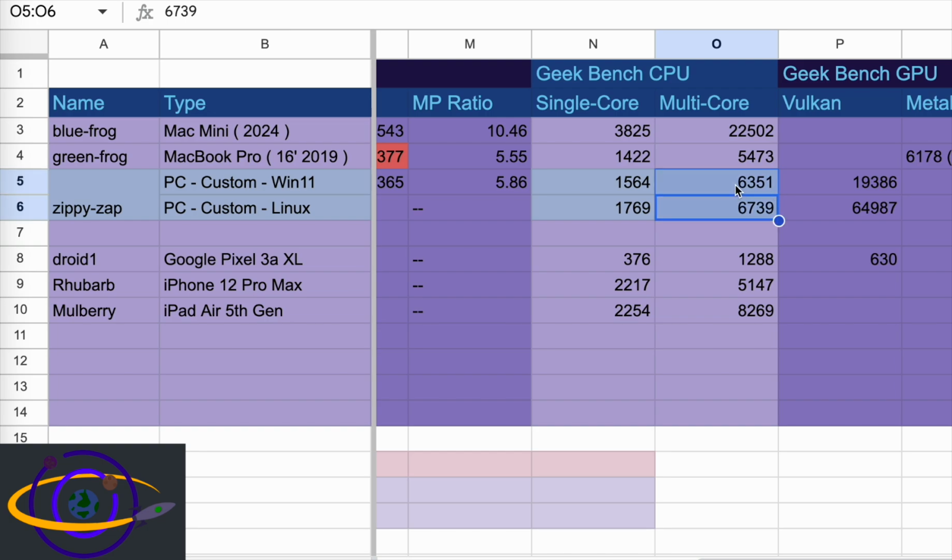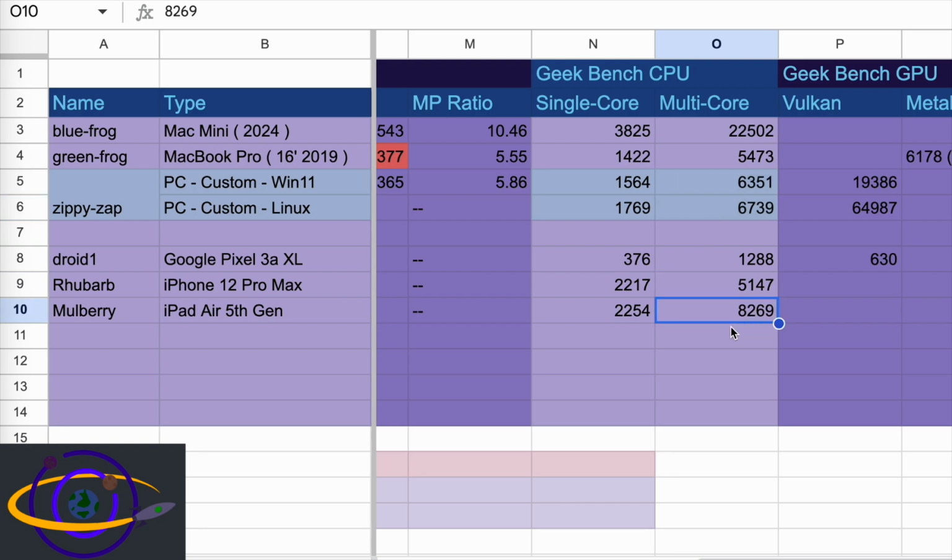So the i7 on the custom PC is beating the iPhone for multi-core performance, whereas with single core, the iPhone was beating out all of the i7s. Now it is not beating any of them. It's close for the MacBook, and it's getting beaten pretty well by the custom PC.